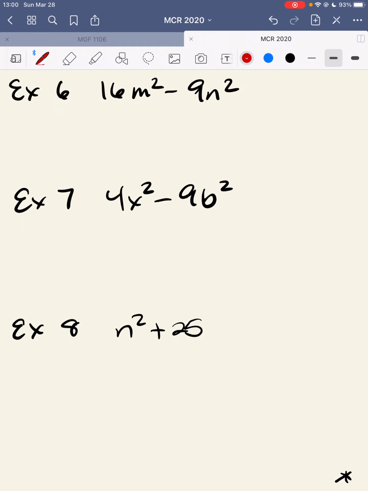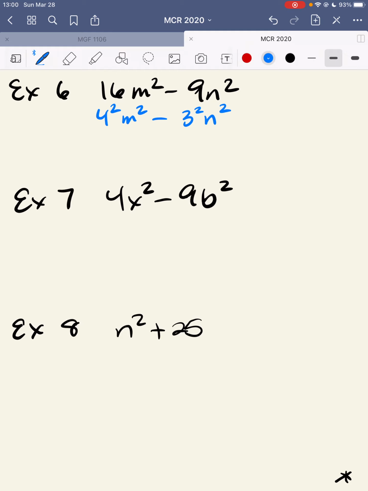Example 6, we have 16m squared minus 9n squared. Okay, we have subtraction. This is good. 16 is a perfect square. It's 4 squared. m is a perfect square. It's m squared. 9 is a perfect square. It's 3 squared. And n is a perfect square.